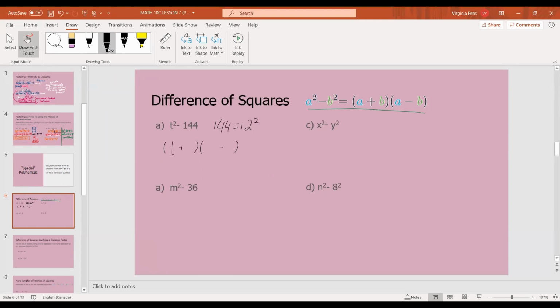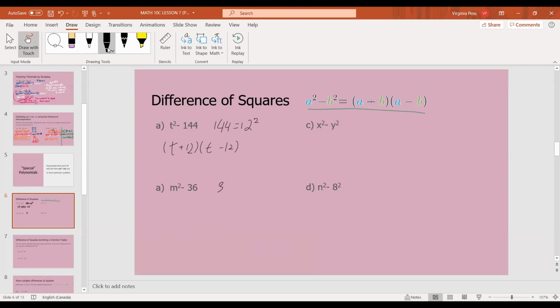We can just put in the numbers. Bam. T plus 12 times t minus 12 is equal to t squared minus 144. This is our final answer. It was that easy.